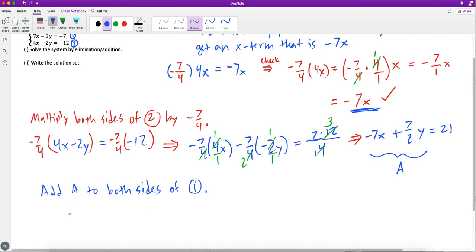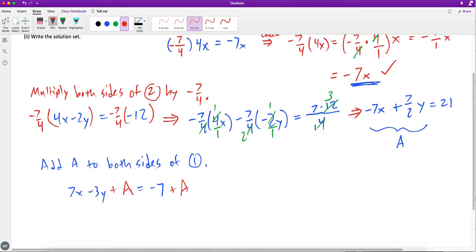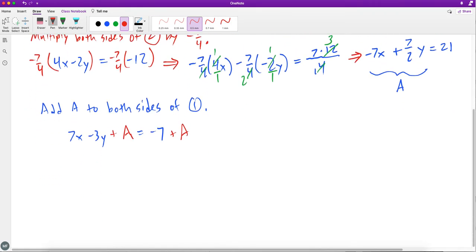Well, what I would have is 7x minus 3y plus A equals negative 7 plus A. But I don't need to be calling it A, right? I know what it is. But I'm going to be clever in that on the left side, I'm going to use this expression, negative 7x plus 7/2 y, because that's what we said A is equal to.